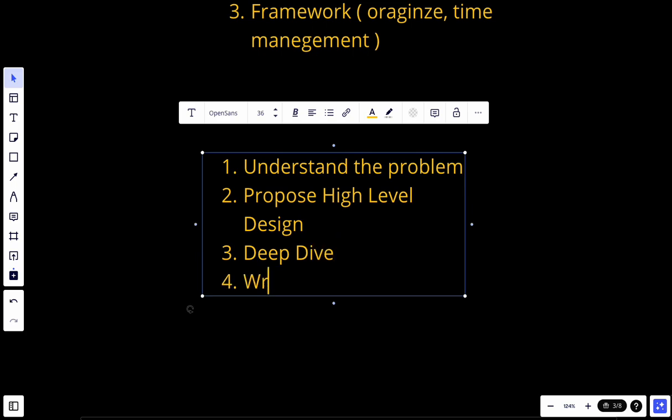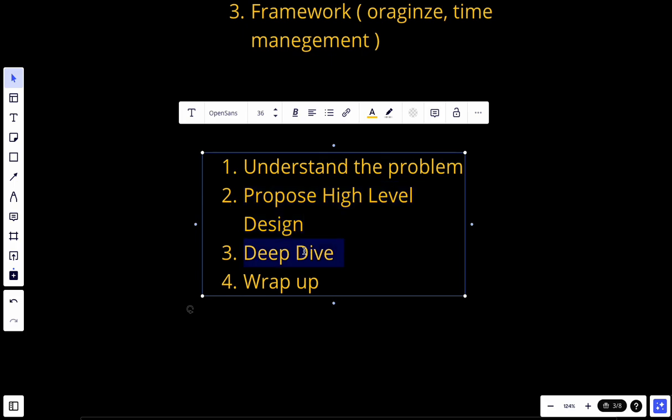And after that you wrap up. In understanding the problem, we need to ask questions to know what exactly you want to design. In the high-level design, you start with a basic blueprint and basic structure of your application, and you just try to do the base layer of it.